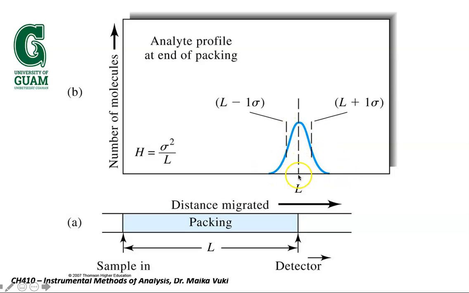We take the mean as L, and then we take L plus 1 standard deviation and L minus 1 standard deviation. So in other words, we are using this region as the measure of the plate height. We say the height is equal to sigma squared, which is the variance, over L.